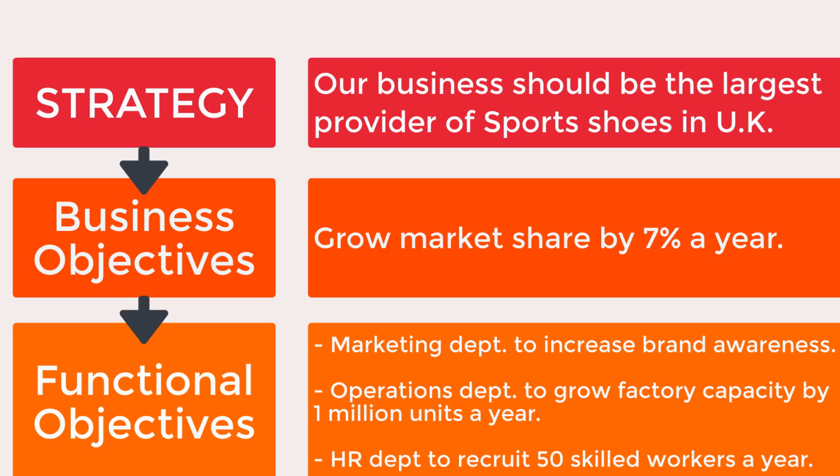If, let's say, the marketing department is advertising, and the advertising is working, which means people are coming in to buy more products, but the operations department, which is the factory, hasn't started producing more products, then the marketing department's efforts would be wasted, because people are coming in to buy shoes, but our factory is not producing enough to meet that demand. Hence, all the departments need to be in sync with one another so that one department's efforts are not wasted.